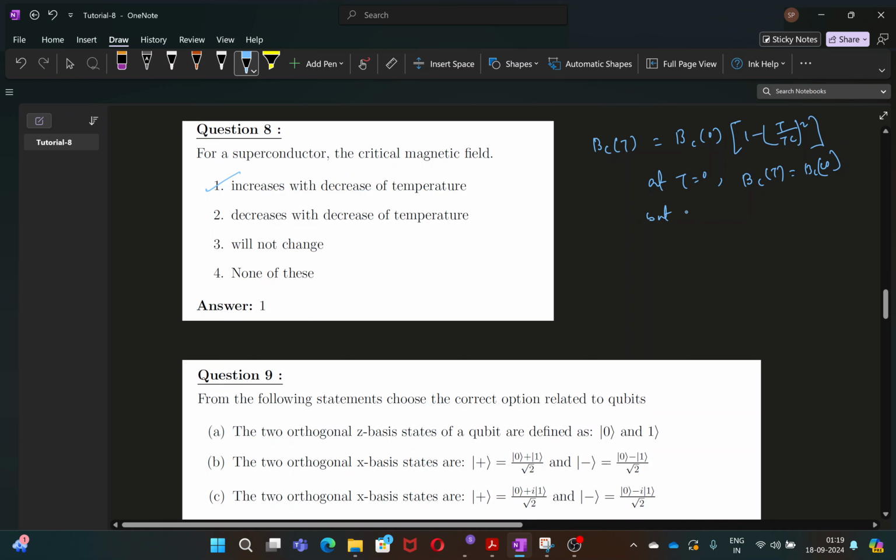But as the temperature increases, 1 minus (T by Tc) whole square becomes smaller. So other than that, if you just take T equal to 0, BC equals BC0, which is the maximum value.